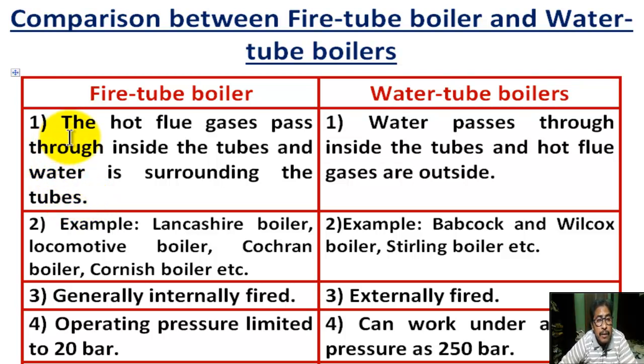That means fire tube boilers are those boilers in which hot gases produced by the conversion of fuel in the boiler furnace, while on their way to chimney, pass through a number of tubes which are immersed in water. Okay.